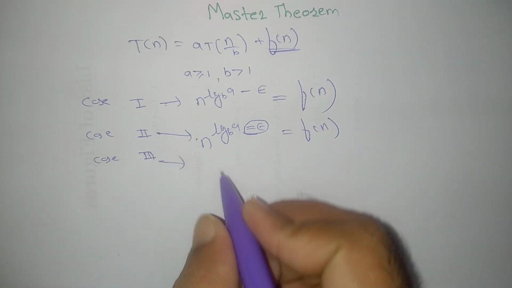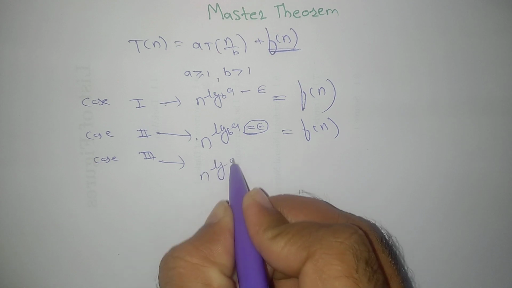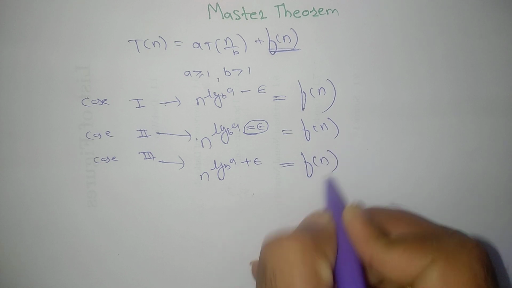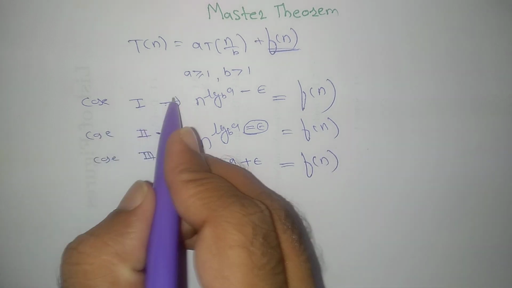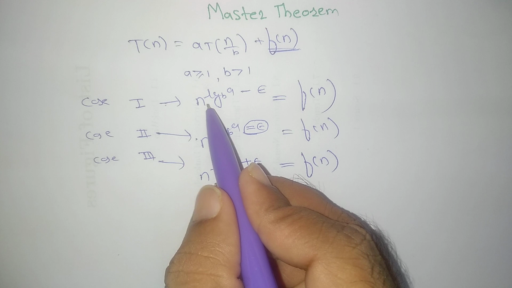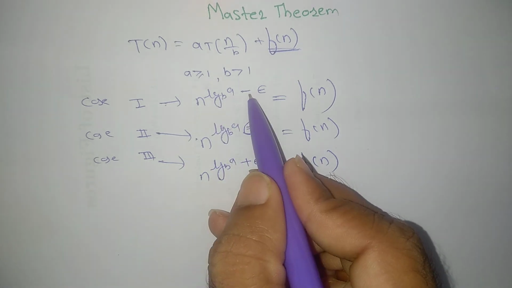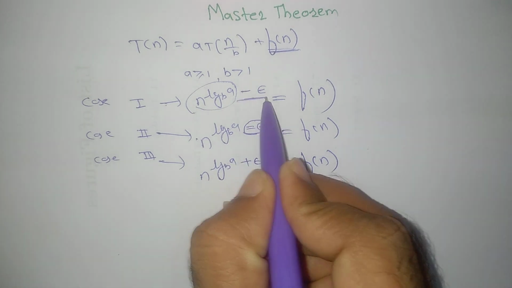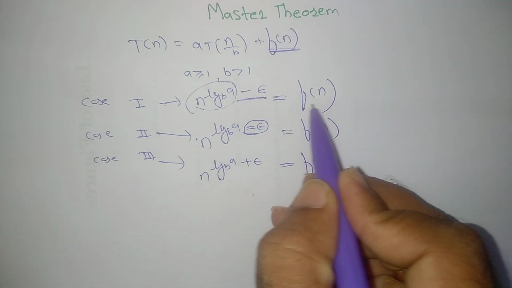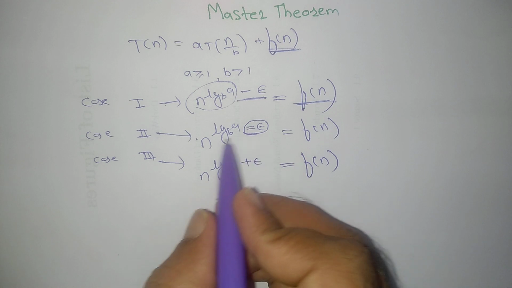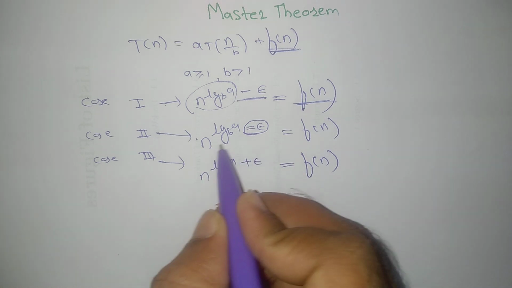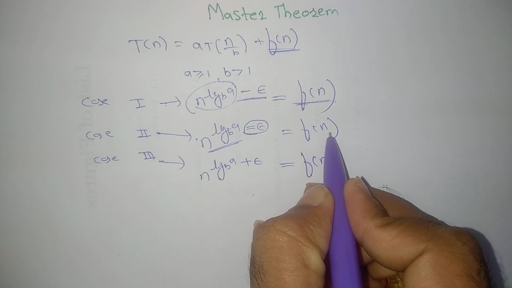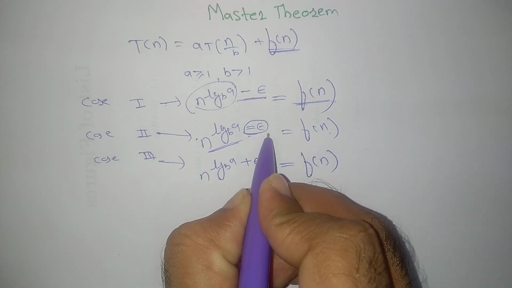In the third case, n^(log_b a) plus epsilon, then the answer is equal to f(n). So in case 1, whatever n^(log_b a), if the answer is greater and I have to subtract some epsilon, then it is equal to f(n). In the second condition, when n^(log_b a) is equal to f(n), my epsilon value is 0.